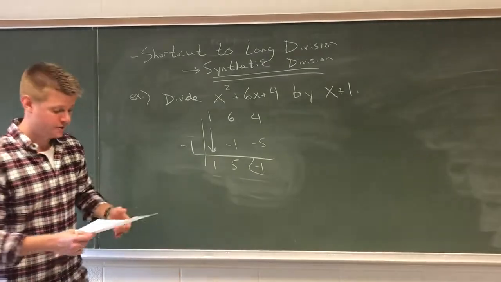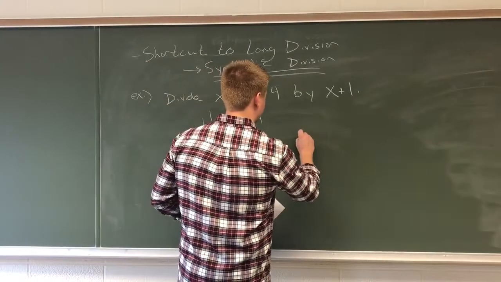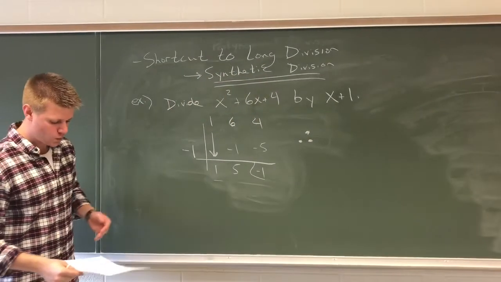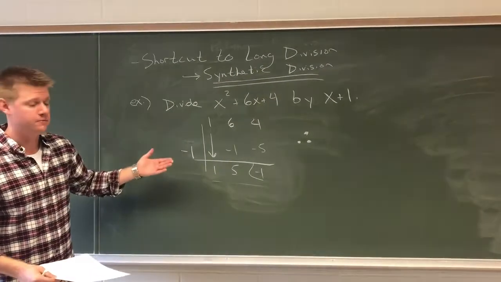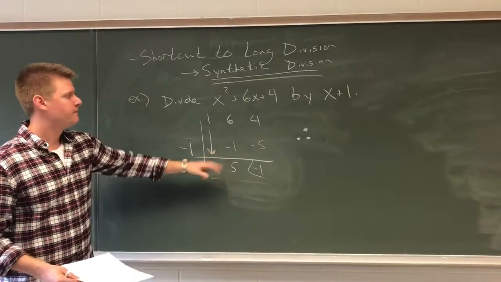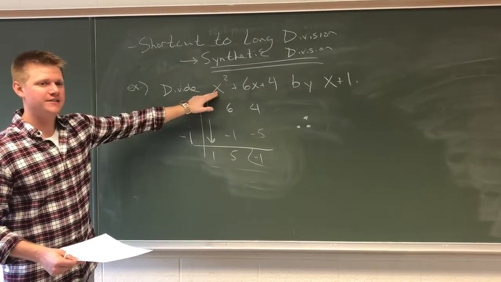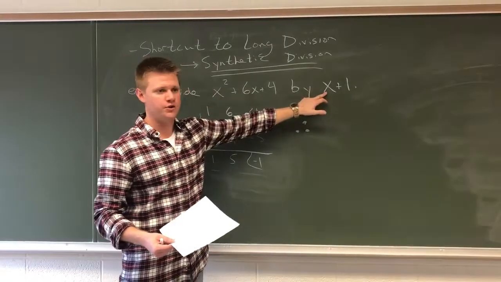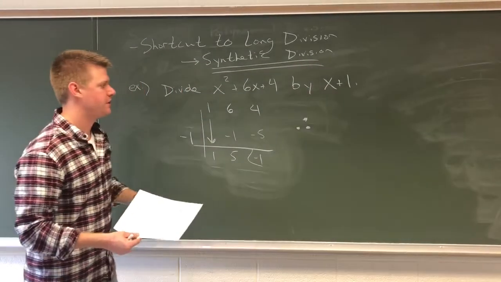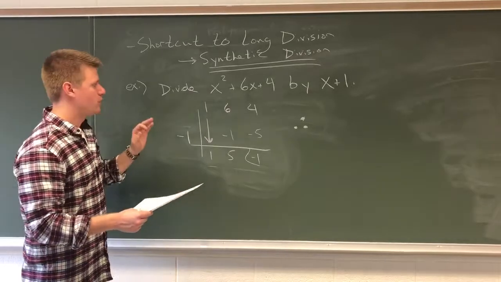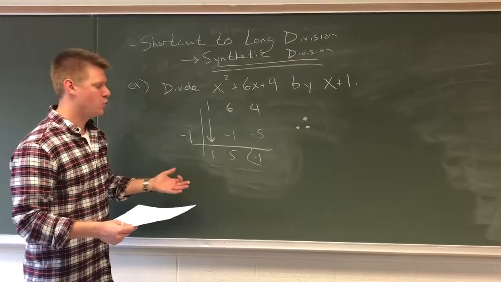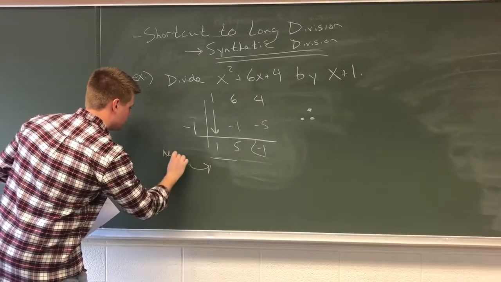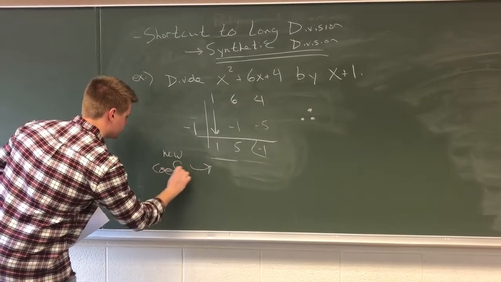So, final answer, the way we write our polynomial is just like we did before. But here's what I do. If the original started as an x squared, think about what dividing x squared by an x would do. That would leave me with x to the first. So for the final answer, we reduce all powers by 1, and these are the new coefficients.